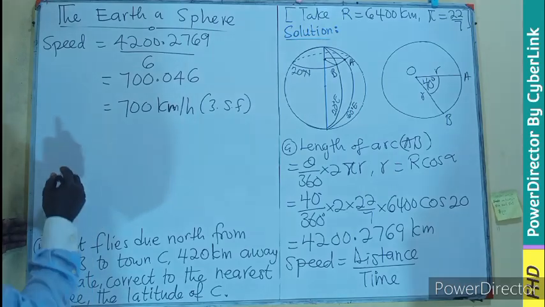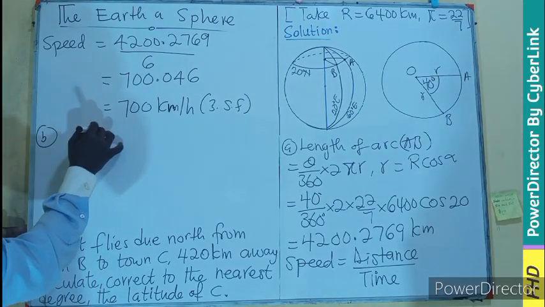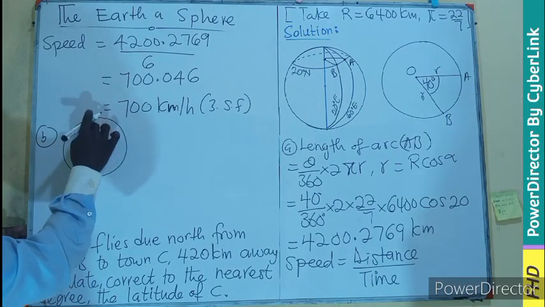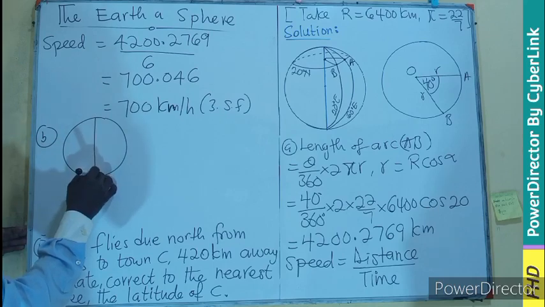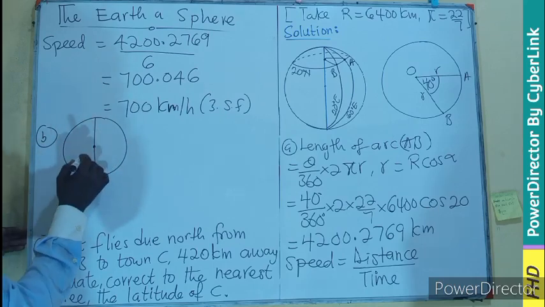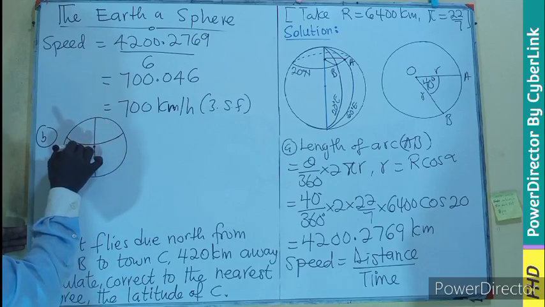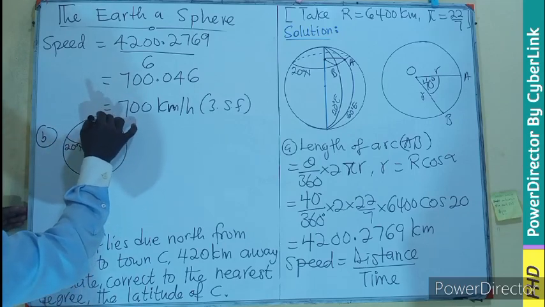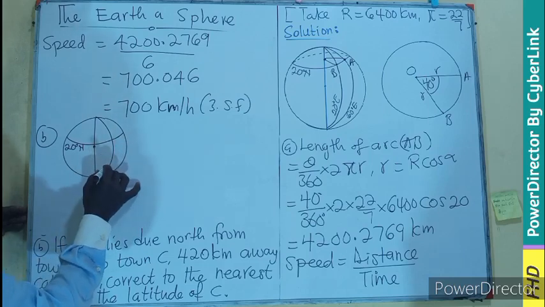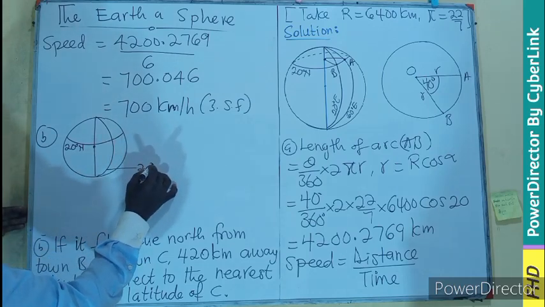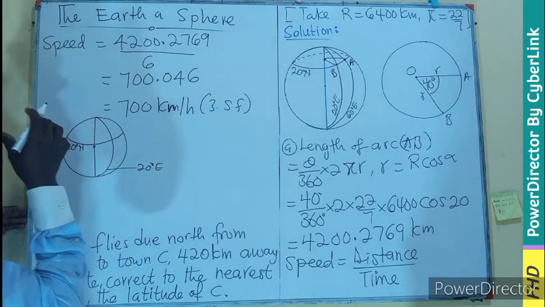So let's see if I have B here and made a sketch of that. We have this at the center. We still have our 20 degrees north. Then this is going to be our latitude 20 degrees what? East, longitude.